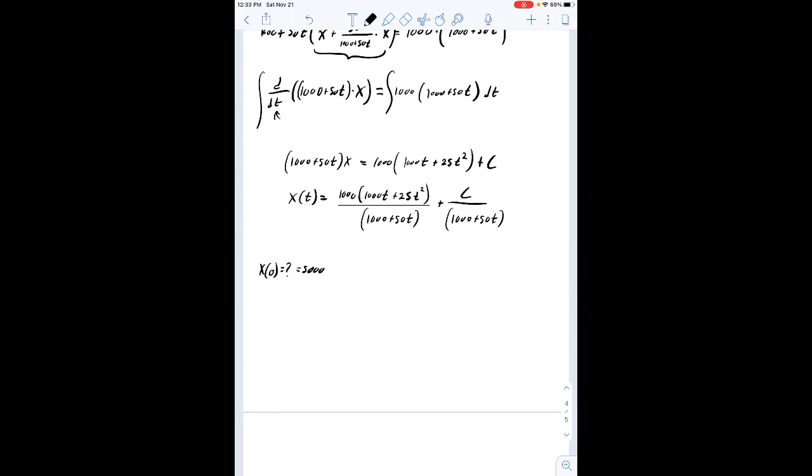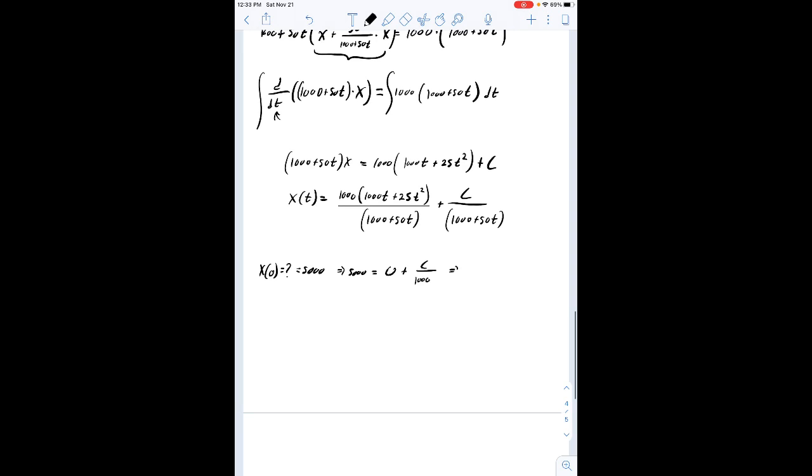And remember how we had to find that? So we get 5,000 is equal to, let's see, we plug in 0 here, and we plug in 0 here. So both of those terms are going to be 0. So we have 0 over 1,000. That's just going to be 0 plus c over, how convenient, 1,000.